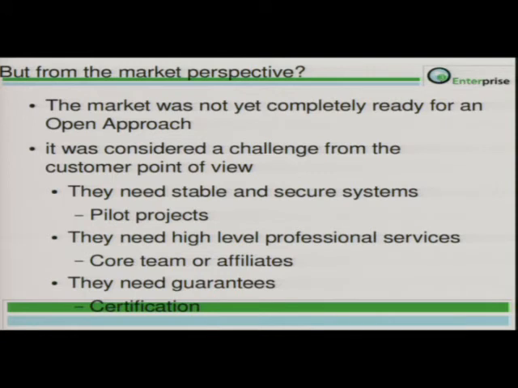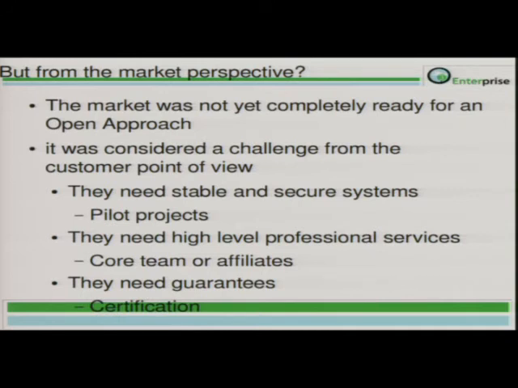So to cover this gap, you have to have a lot of pilot projects and sites in which the software is running to demonstrate the stability and the security of the system.